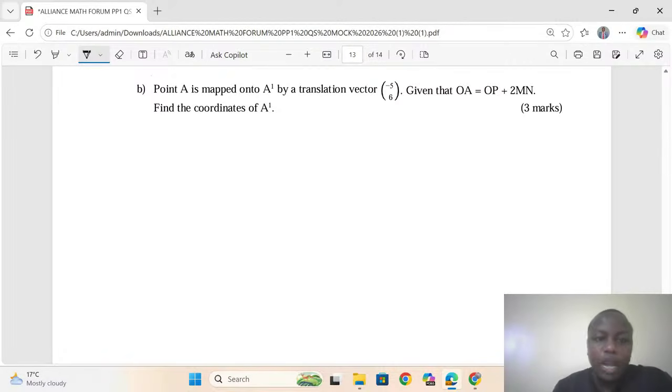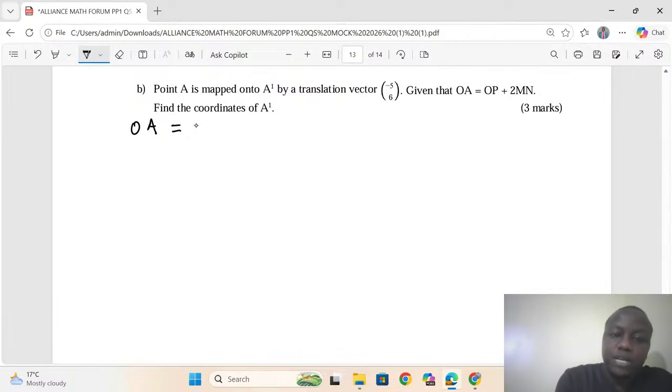Part B. Point A is mapped onto A prime by a translation vector (-5, 6). Given that vector OA equals OP plus 2 vector NM, or MN, find the coordinates of A. Can we find the position of A first?